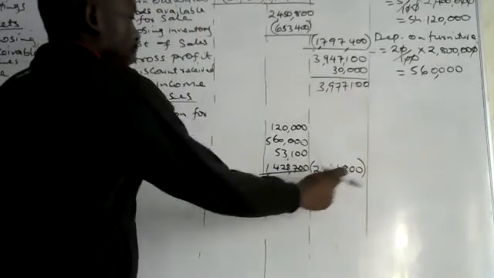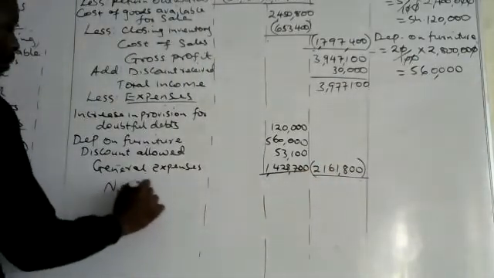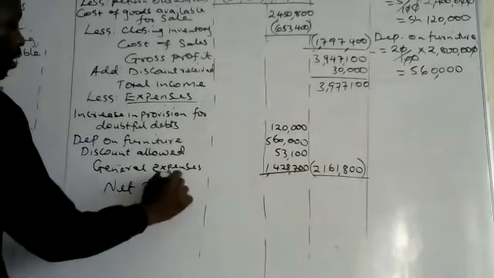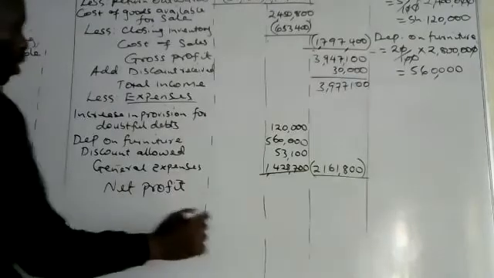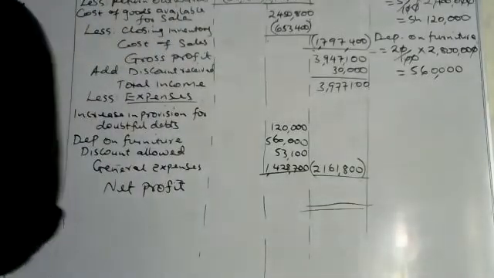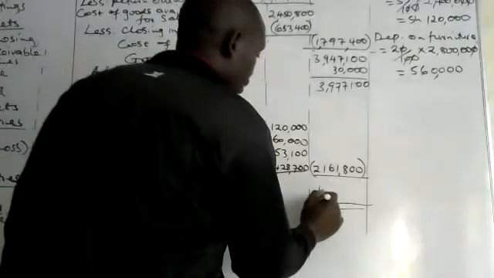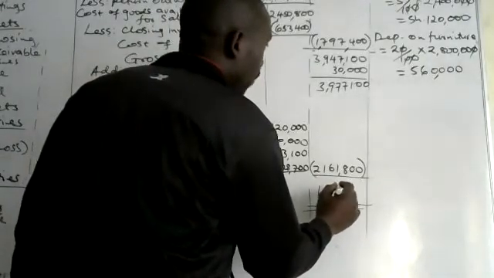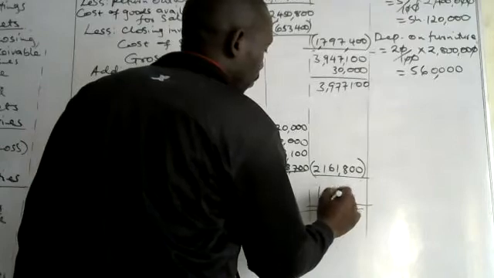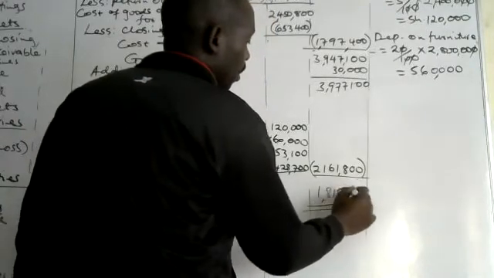The total income minus the total expenses will give us what we call the net profit. Because the income is more. Just a minute. 1,815,300.